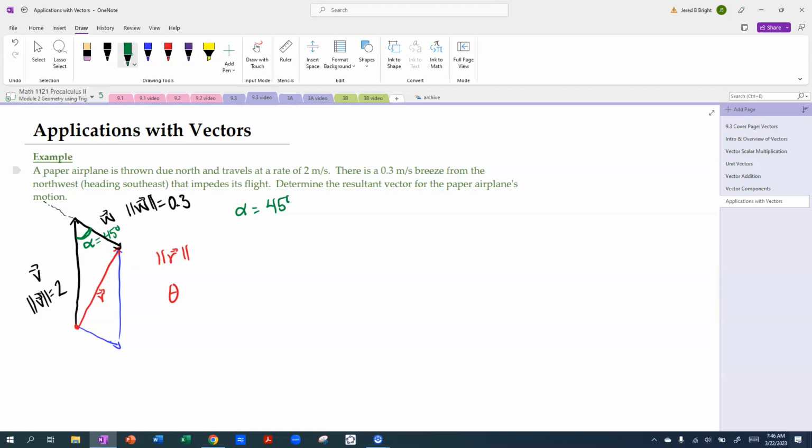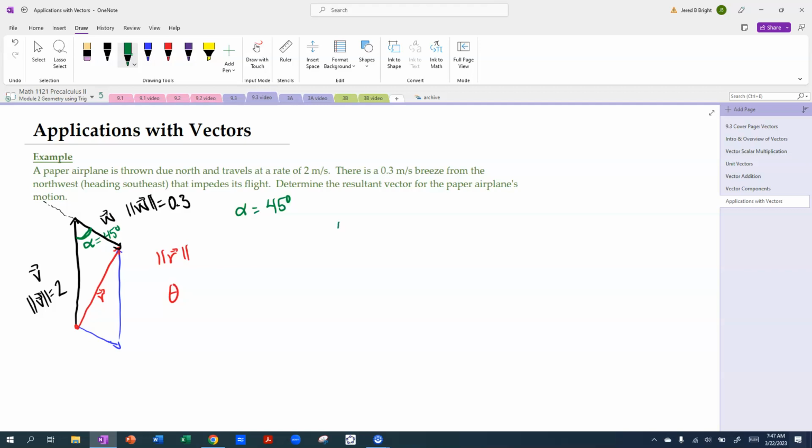So doing a little bit of geometry there, making a little implication, and if that 45 degrees is not correct, it's an assumption that you're making in your model, and we would use it as we go forward with grading. But I think in this physical scenario, it is safe to assume, since it's heading southeast, that the angle between vector v and vector w here would be 45 degrees. But I digress. We want to figure out what r is.